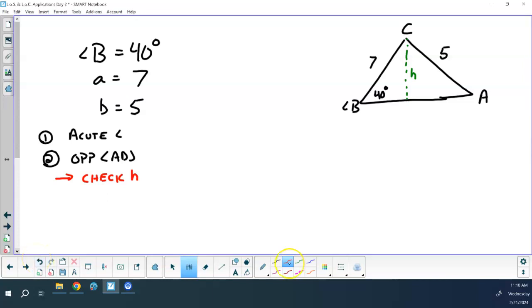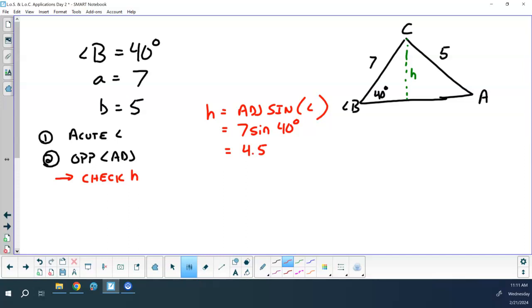So if I'm going to check H, then my height is going to be the adjacent side times the sine of the given angle, because that's what SOHCAHTOA tells us. Okay? So that's going to be 7 sine of 40 degrees. Somebody with a calculator, what do you got? 4.5-ish? Okay?